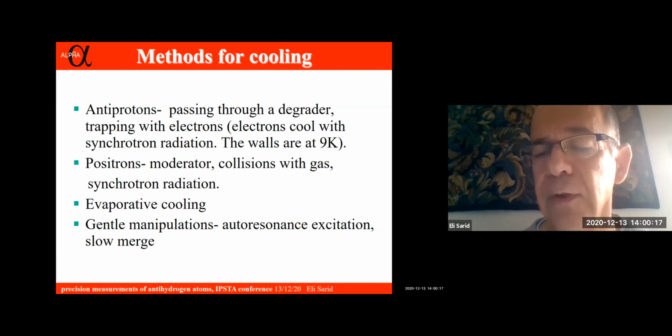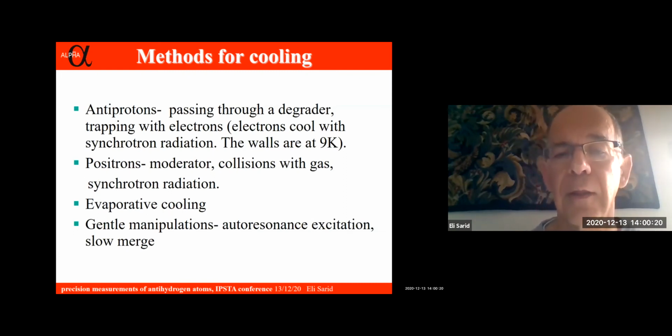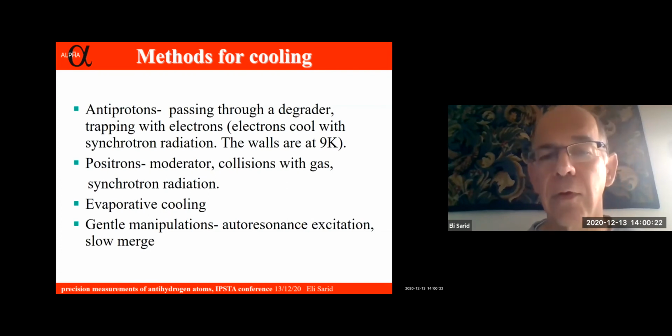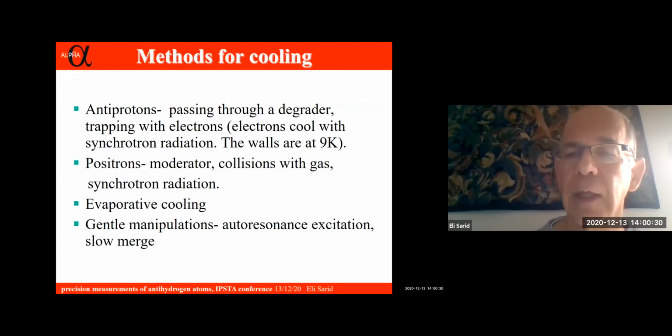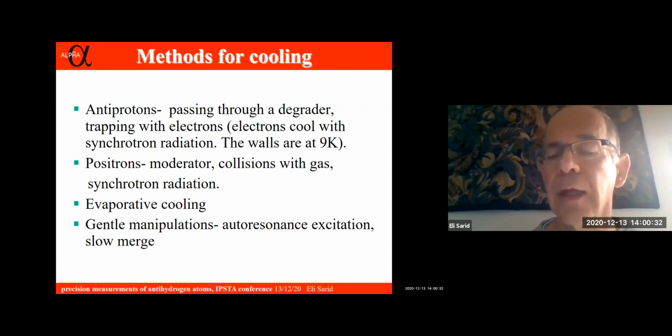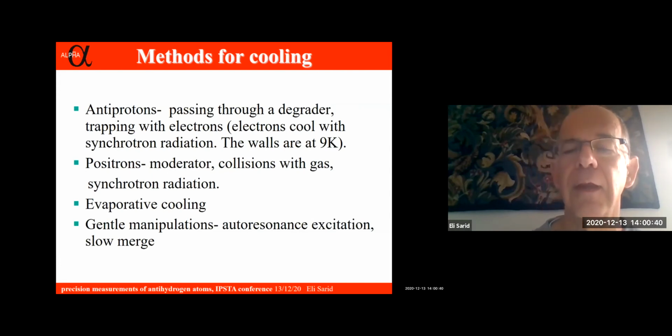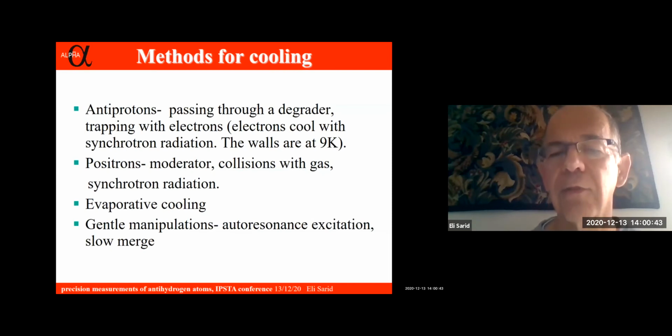So we developed over these years of the collaboration endeavor various techniques of cooling the species, from brute force, passing the antiproton through degraders, then using the synchrotron radiation, and coming into equilibrium with the cryogenic walls as the method to go into the interesting region. And then we do evaporative cooling.